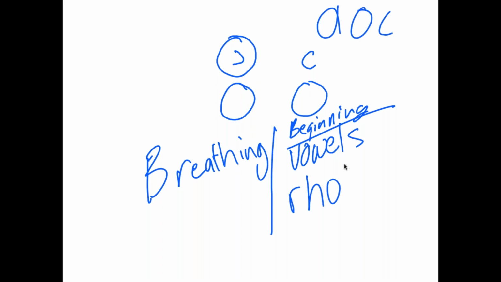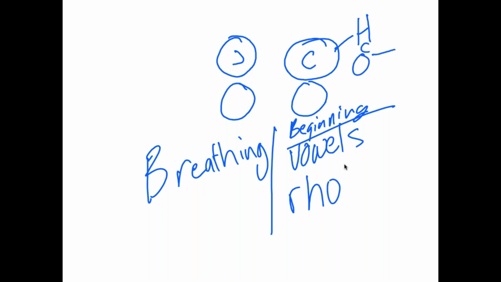Starts with an iota, it's I. On the other hand, if it starts with a rightward facing one, it is pronounced like an H. So the phonetic spelling of the word hot would be like that. Is it always pronounced as an H? If it's rightward facing, it's always pronounced as an H.